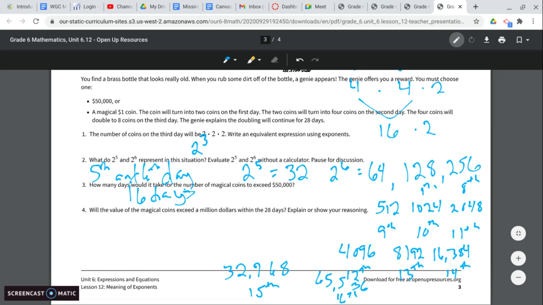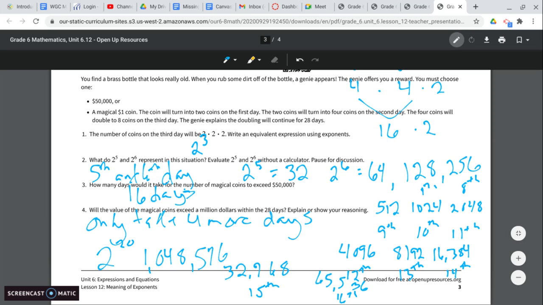So it's only going to take 4 more days. So on the 20th day, so 2 to the 20th is going to give us 1,048,576. And that's only the 20th day.